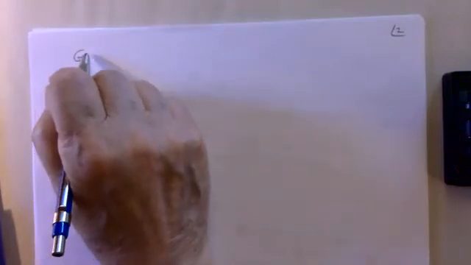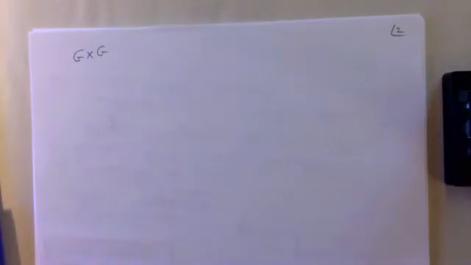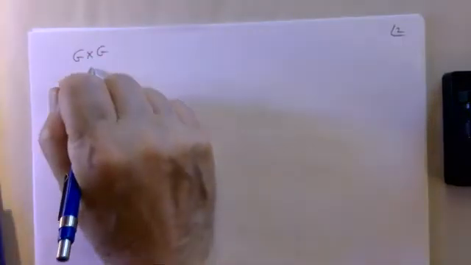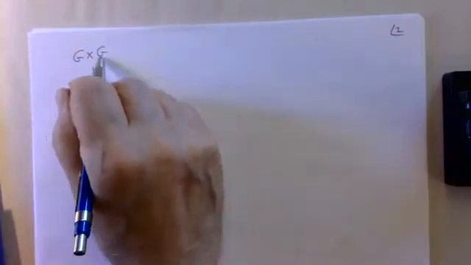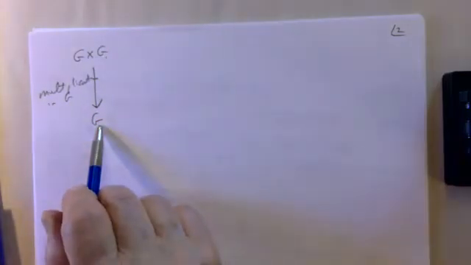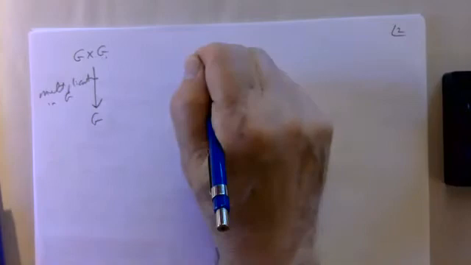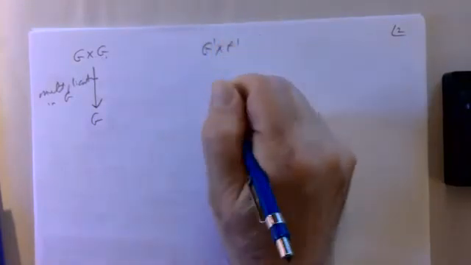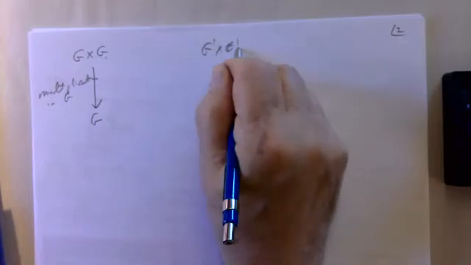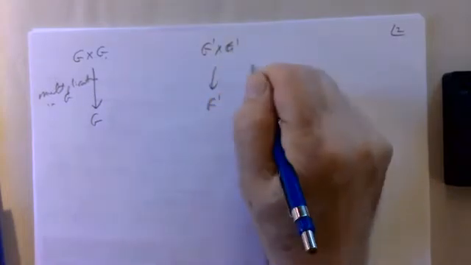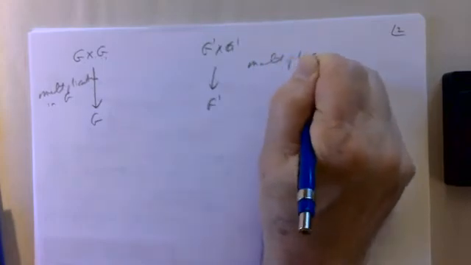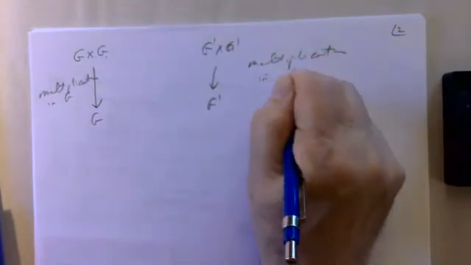We have a function from G cross G into G. What is this function? This is just multiplication in G. You take a pair of elements and you multiply them and you get an element in G. We also have G prime cross G prime. And we have a function from G prime cross G prime into G prime, which is multiplication in G prime.